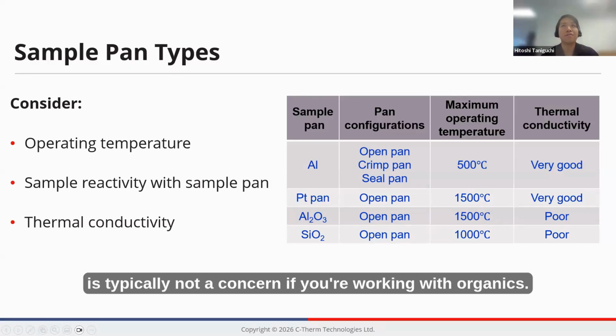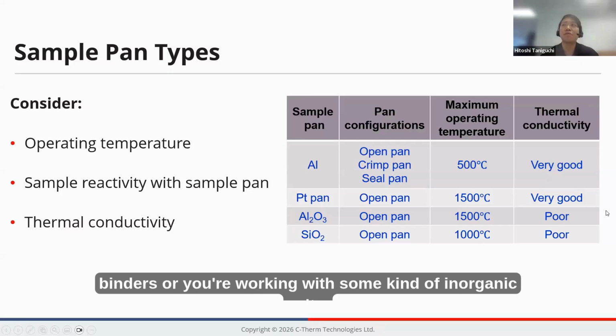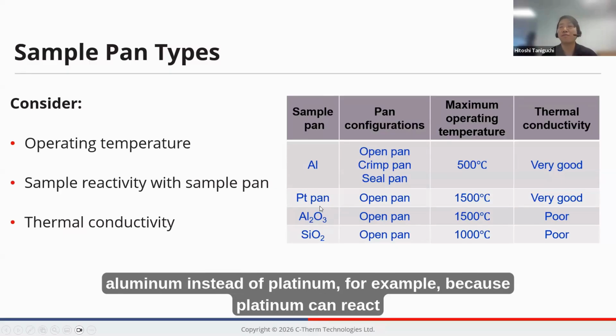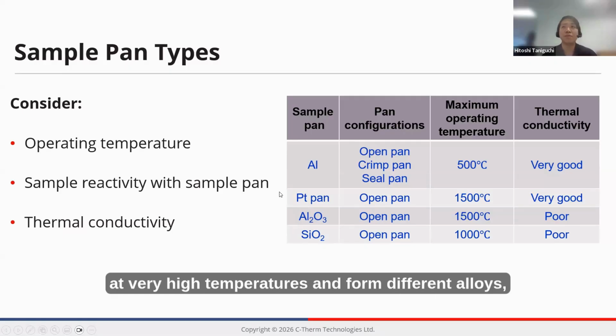This is typically not a concern if you're working with organics, but if you have metallic binders or you're working with some kind of inorganic salts, you might want to consider using alumina instead of platinum, for example, because platinum can react with those components at very high temperatures and form different alloys, which will then contaminate your measured data. So this is something you have to consider quite carefully.